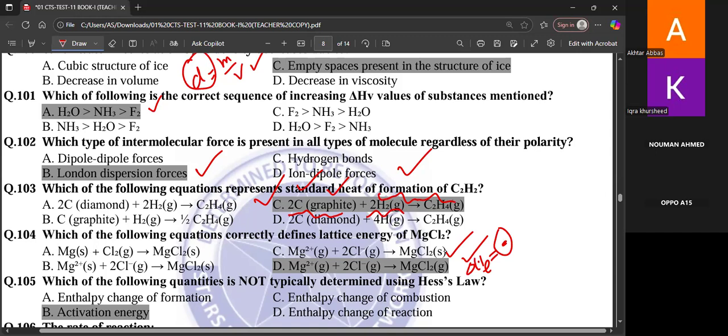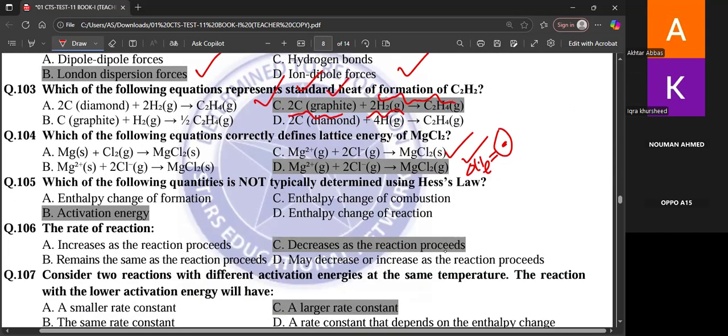Which of the following quantities is not typically determined using Hess's law? That is activation energy. All other things are determined from Hess's law, but activation energy is not. So the best option is B. The rate of reaction decreases as the reaction proceeds.